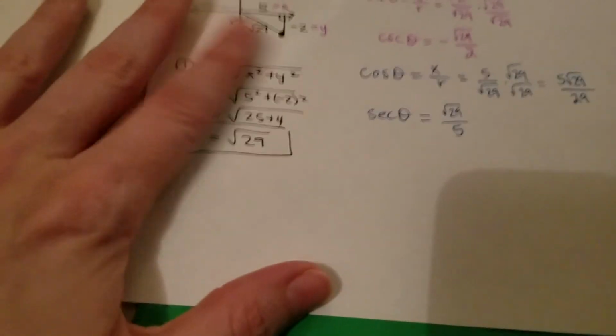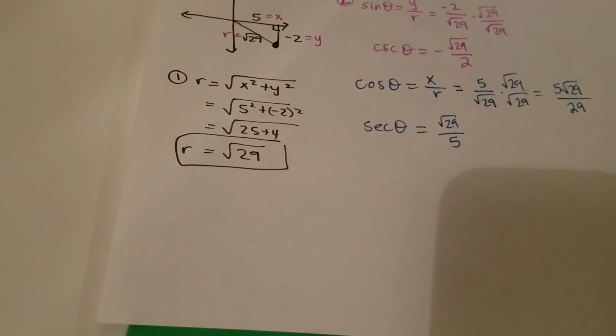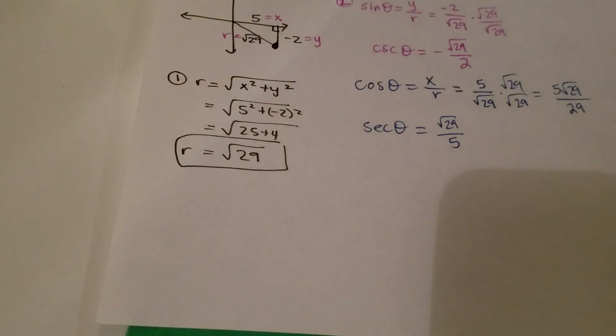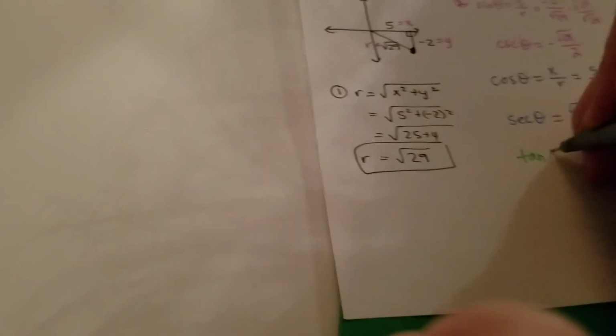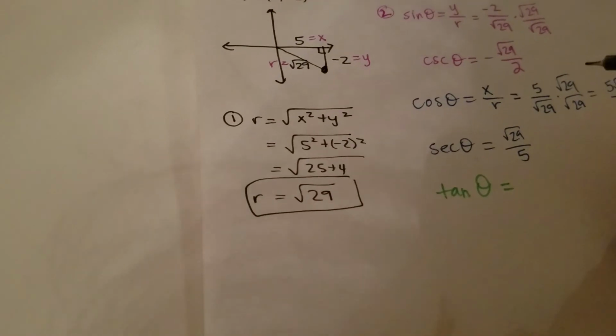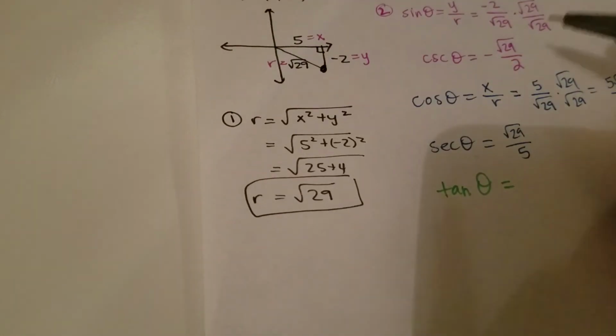And then the last one is the tangent. And some of you might be thinking, isn't this the exact same thing as SOHCAHTOA? Well, yeah, it is. It is the exact same thing as SOHCAHTOA.